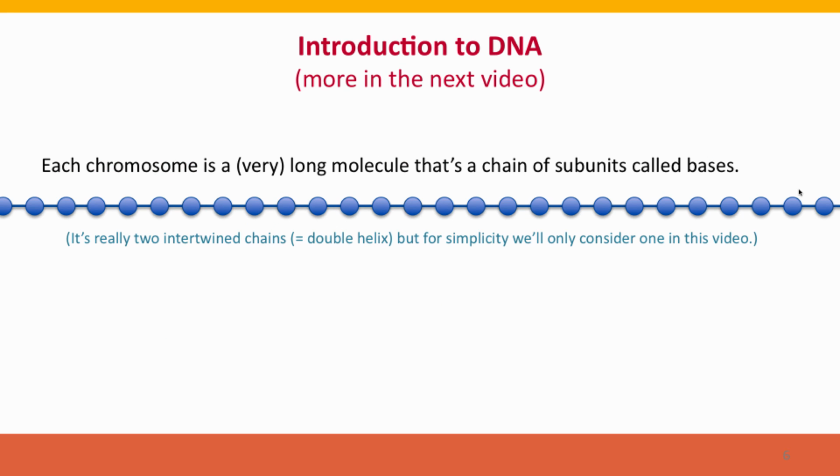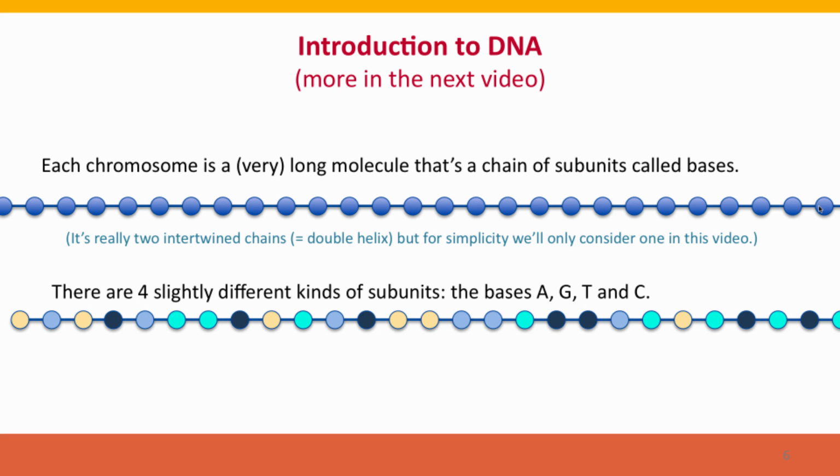Now, quick refresher of information about DNA. All of our genetic material is organized into long molecules called chromosomes. And these long molecules are chains of subunits called bases. So it's a long chain. And in the DNA and other what are called informational molecules, the bases aren't all the same.